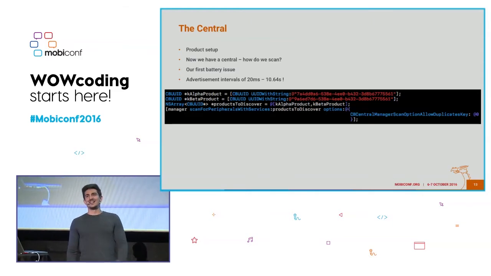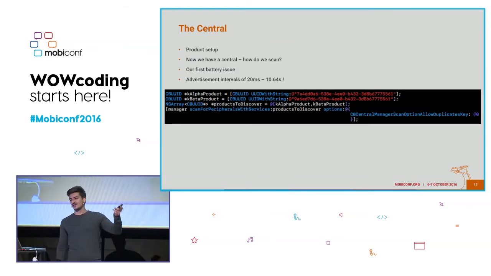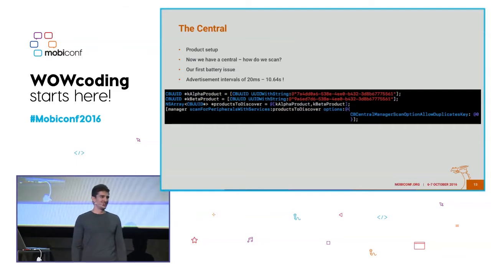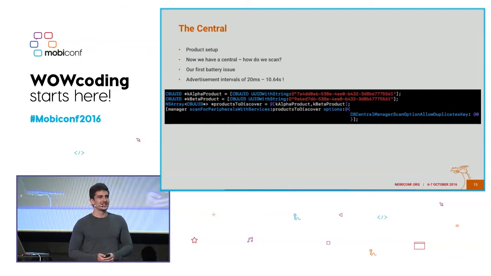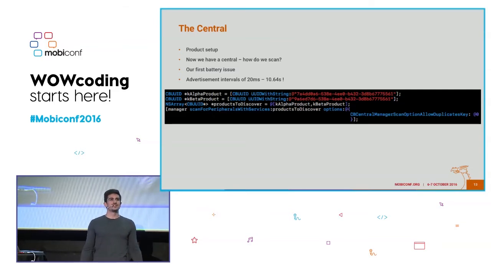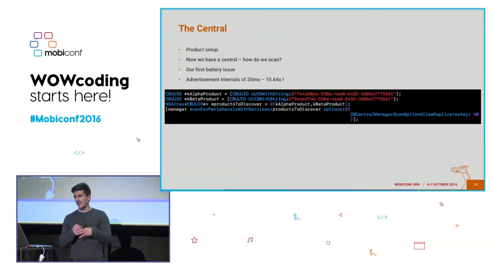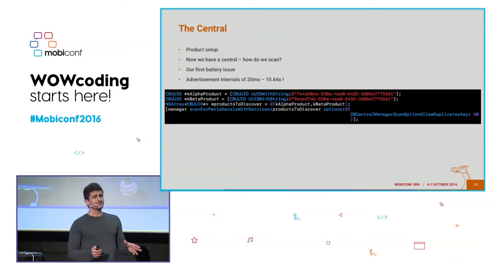The advertisement intervals from the embedded side could vary from 20 milliseconds to 10.64 seconds. So what you're telling me is, if the guy on the embedded side says, let's start with a very fast advertising rate, and you just scan nil, I want to have everything, I don't care, I'm not going to specify.